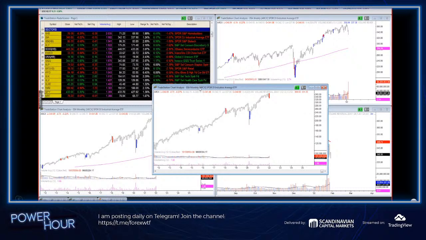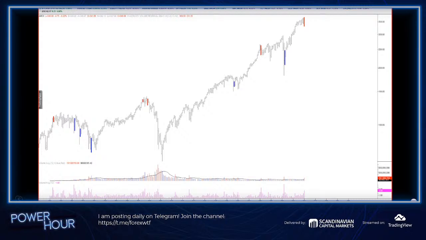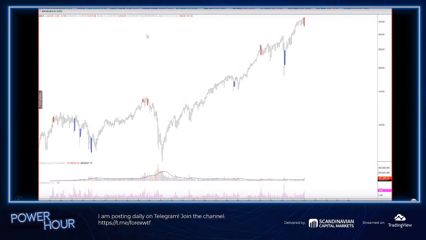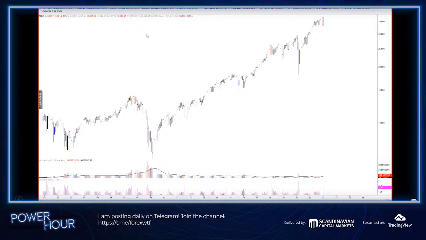So we're going to start by looking at DIA, which is basically the Dow Jones Industrial ETF. I look at a lot of these ETFs for signal purposes. I don't trade these vehicles. There are better things to trade, but I do find them useful as far as signals, and that goes for even currency ETFs as well, but I won't trade those. I'll trade spot.